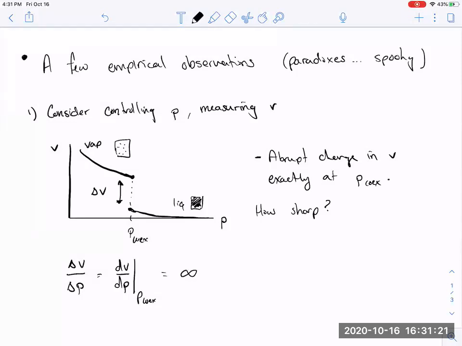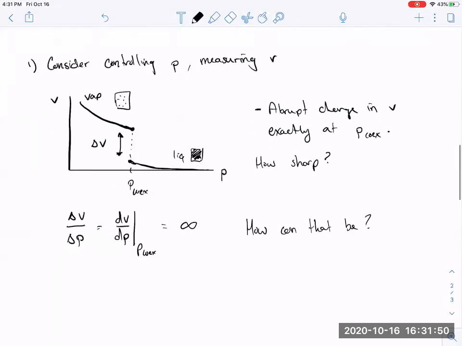I get a finite change in the volume, delta V, over an infinitesimal change in the pressure. 1 over a really small number is an infinitely large number, or 1 over an infinitely small number is an infinitely big number. How can that be? How can we get an infinitely sharp change?